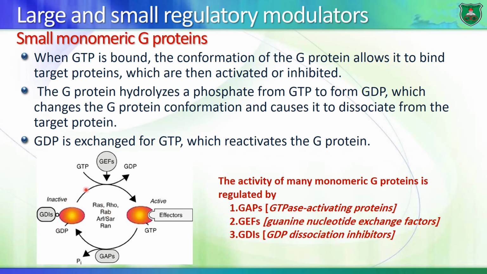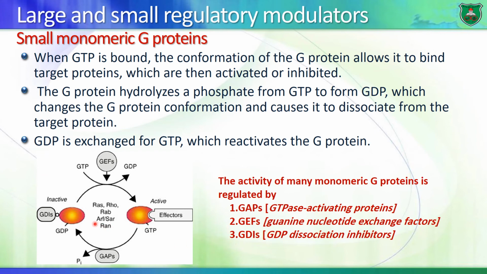Now the exchange of GDP into GTP and the hydrolysis of GTP to GDP, both of these are facilitated by other regulatory proteins, including what are known as GTPase activating proteins, guanine nucleotide exchange factors, and GDP dissociation inhibitors.